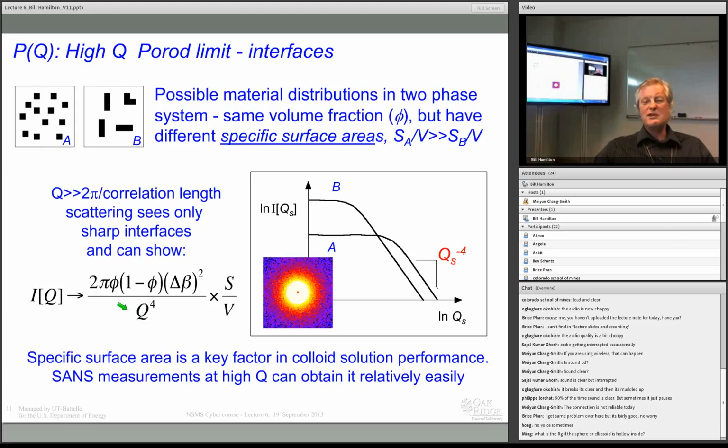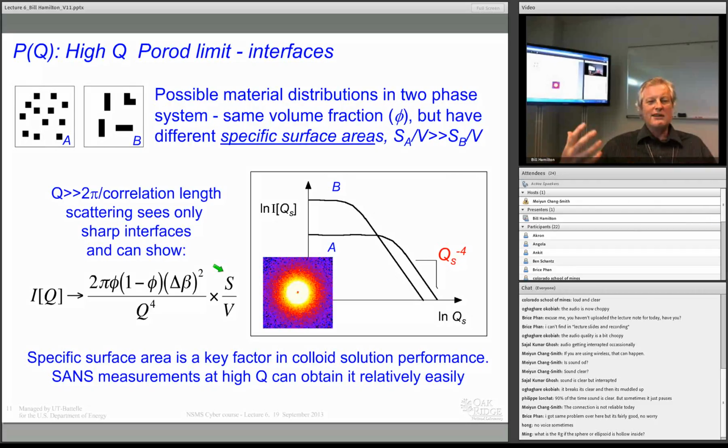This turns out to be the same Q to the 4 you get in reflectivity, multiplied by this thing, which is the specific surface area per unit volume, which, if you were a colloid chemist, would be very important.